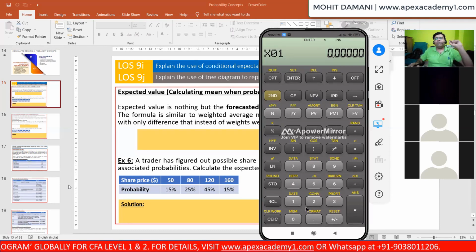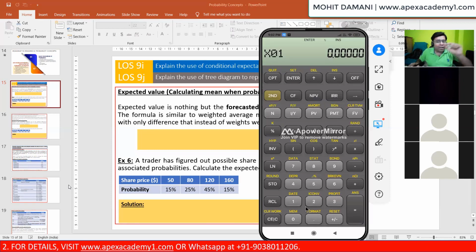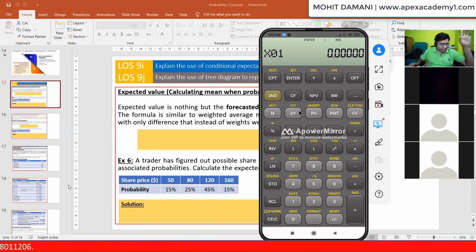Number two, probability will always be entered as a number and not as a decimal. These two things have to be kept in mind. So let's enter x01, that is 50, enter, arrow down. Then y01 is 15, enter, arrow down.